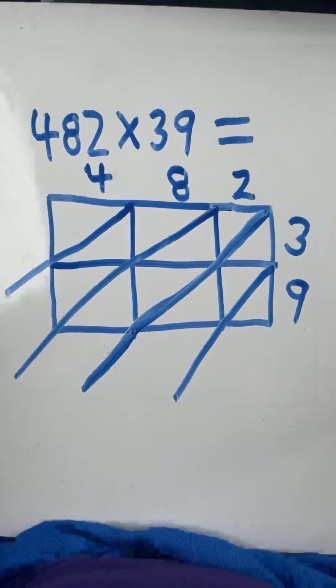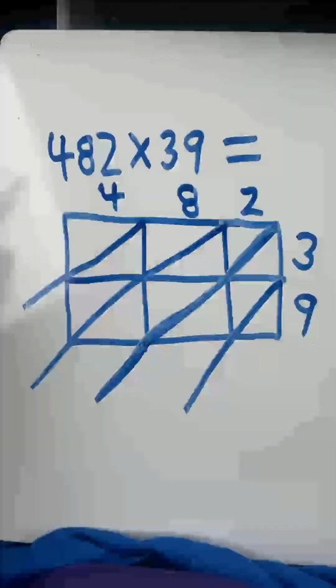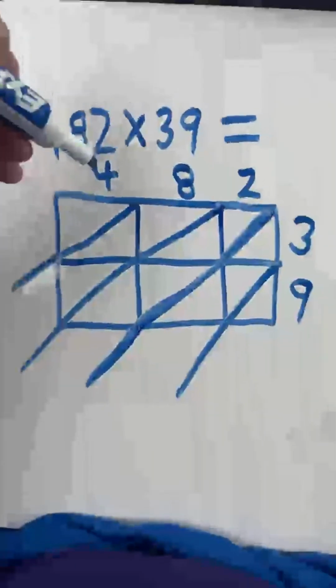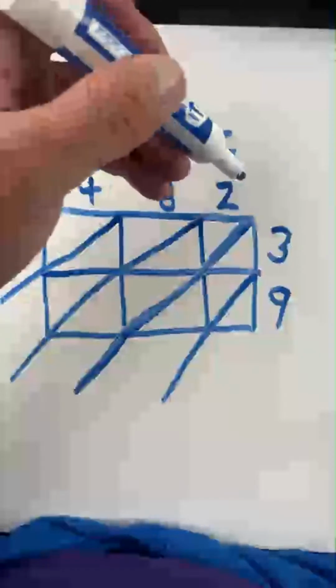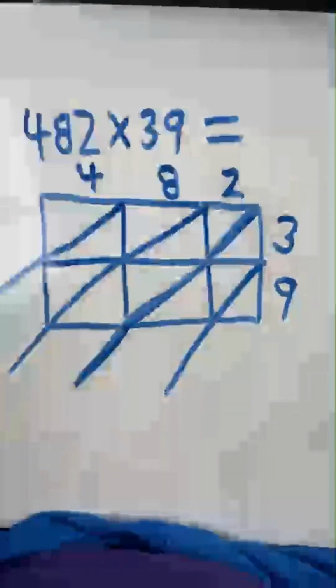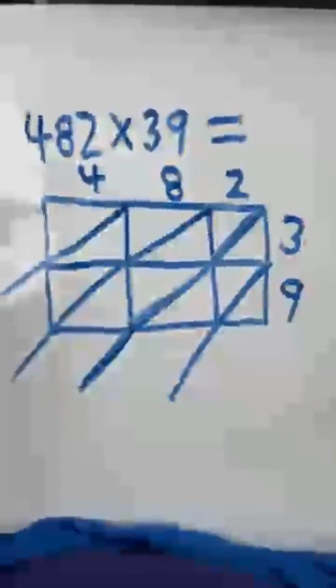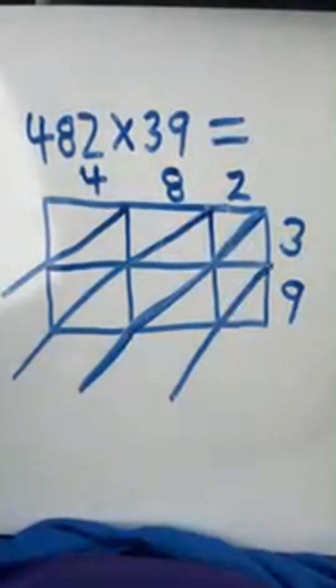problem. So what we're going to do is we are going to multiply digit by digit. That'll set up 482. Along the side, I have 39. So we are going to multiply 2 times 3. The answer goes in the square here, but each digit within our answer is going to go in a separate triangle.